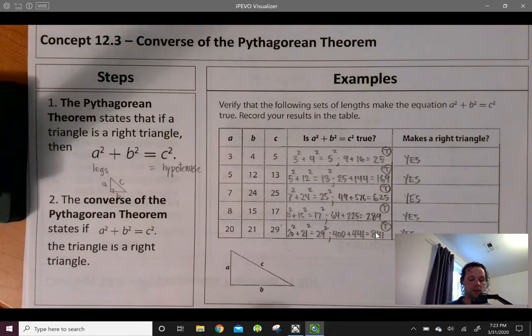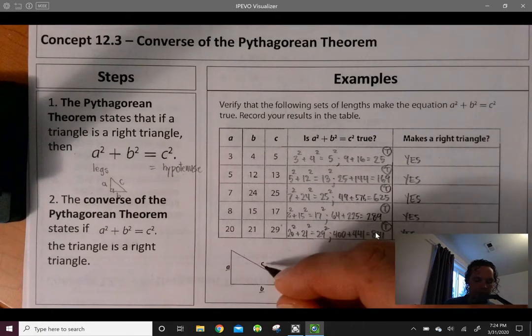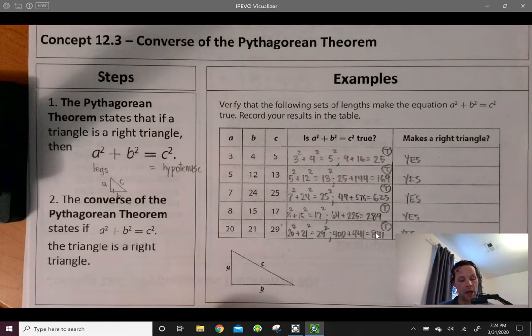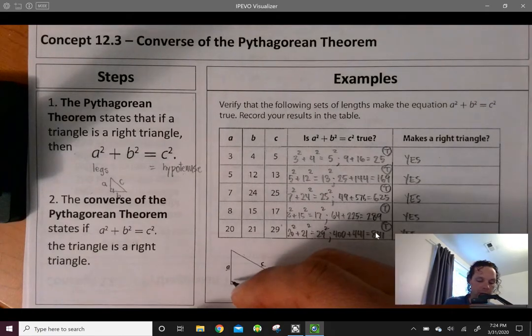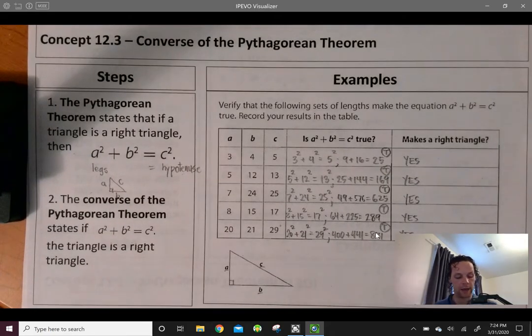Okay. So all that's saying is if we know the lengths of A, B, and C, the legs and the hypotenuse, well then we can figure out whether or not this angle right here is a right angle, a 90-degree angle. And again, C is always going to be the long side.